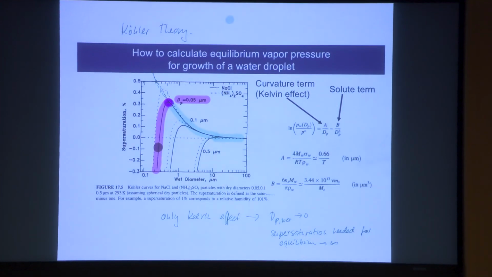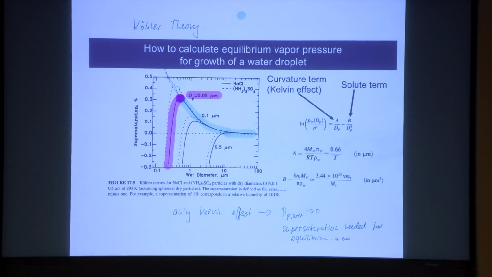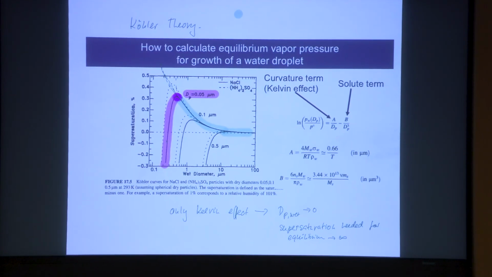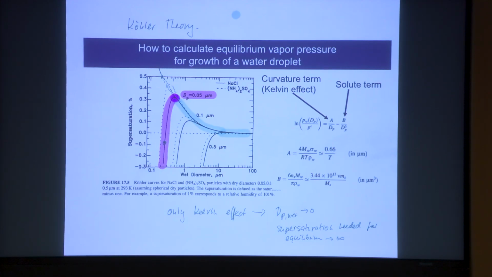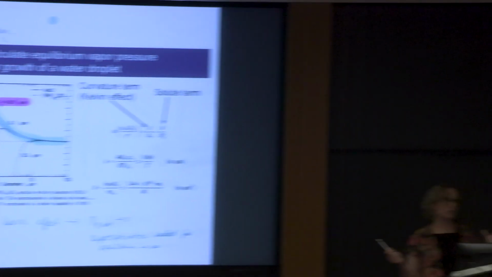So let's start here. And a few water molecules are joining. So we are getting a little bit bigger. We move over here. So now, this particle to be in equilibrium would actually need a supersaturation, but the environment hasn't changed, right?